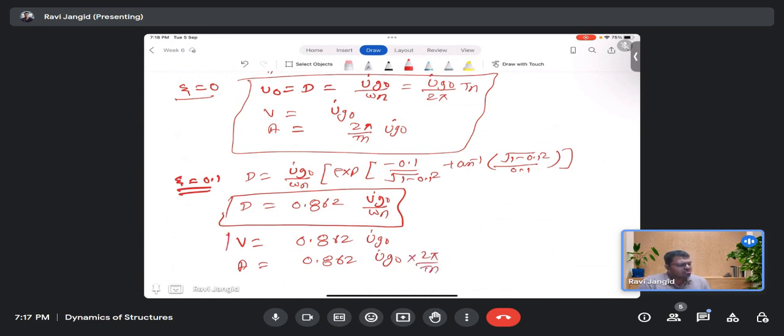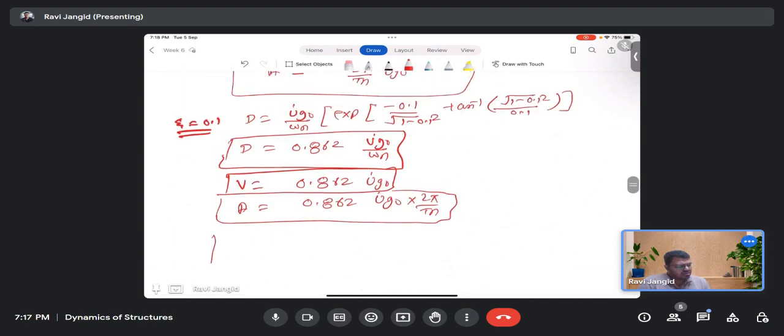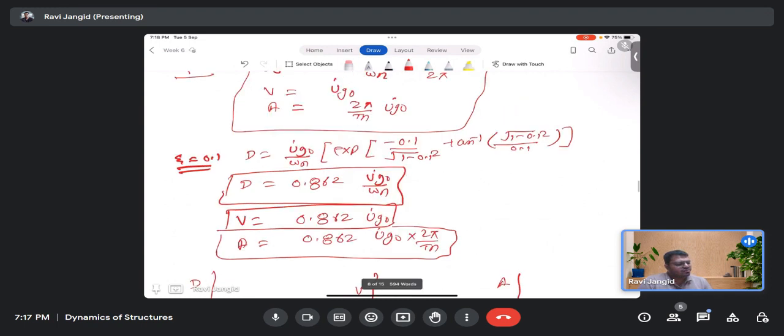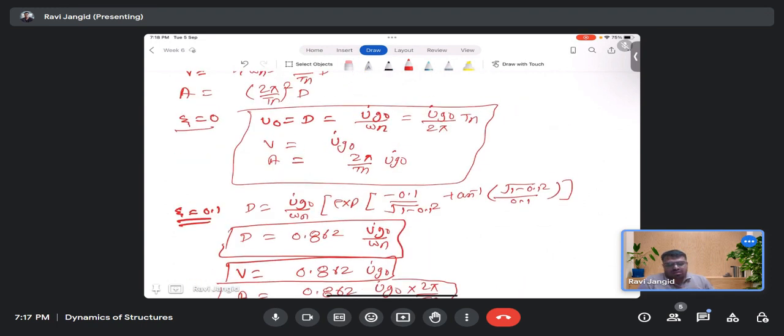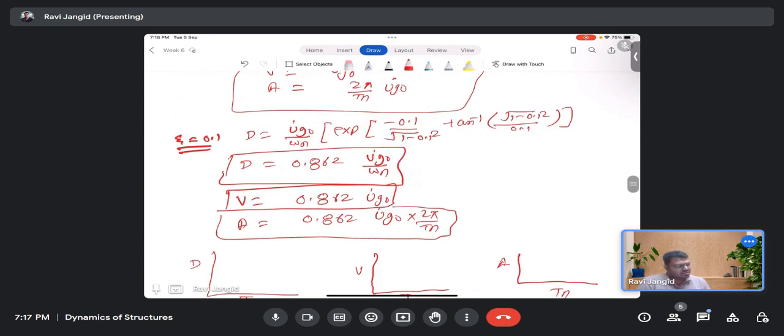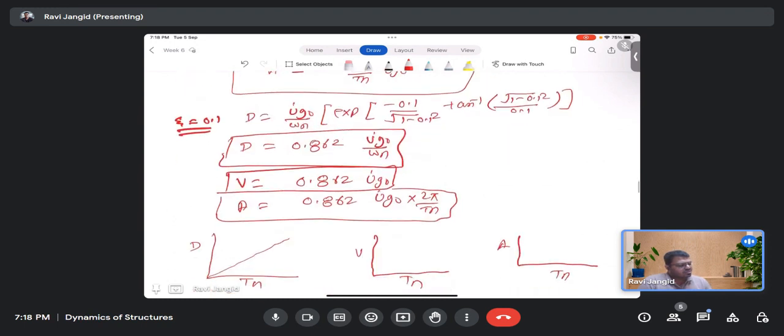So these things you can plot with respect to variation of Tn. You can plot d versus Tn, v versus Tn, and a versus Tn. In the first one, you will plot u naught, so that will be some kind of line. In the second one, that will be a straight line.